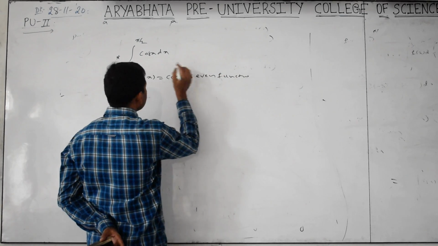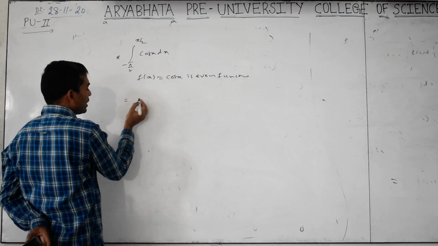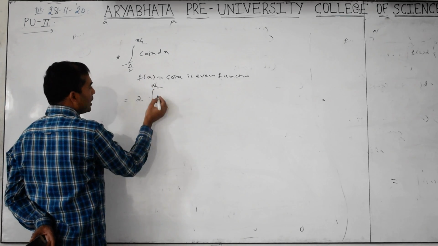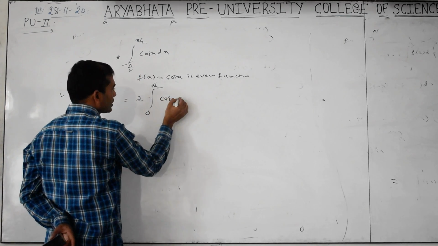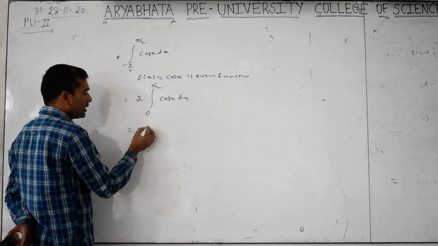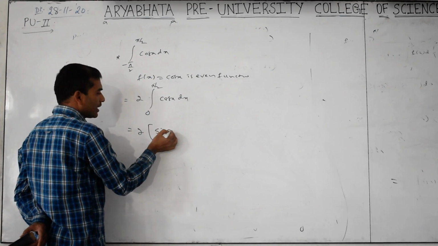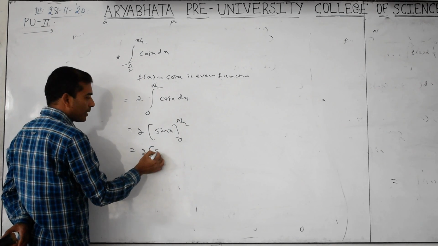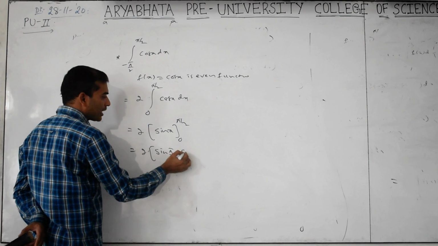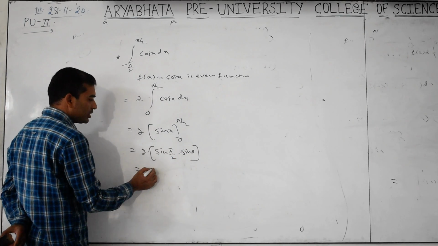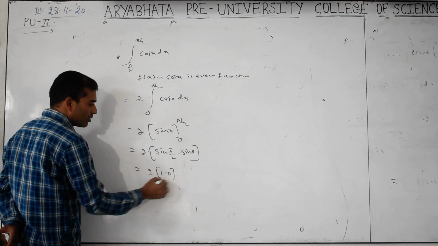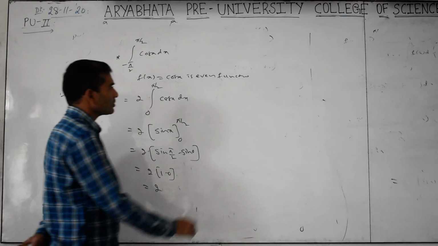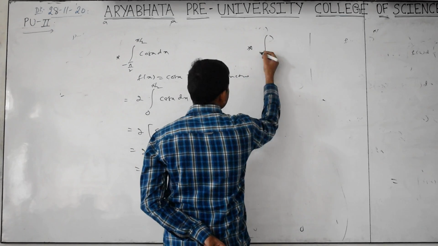If it is an even function, by using the property, 2 into integration of 0 to pi by 2 of cos x dx. 2 into integration of cos x is sin x, limits 0 to pi by 2. So 2 into sin pi by 2 minus sin 0. Sin pi by 2 is 1 minus 0, which is equal to 2.